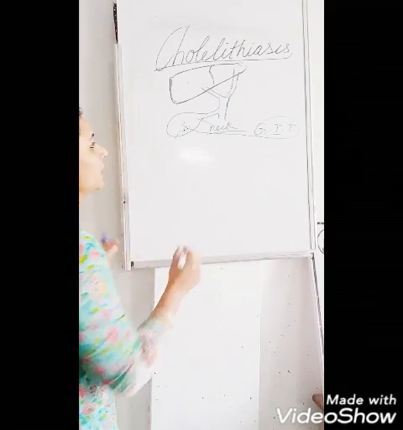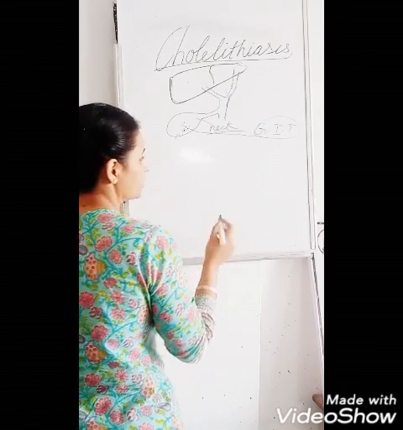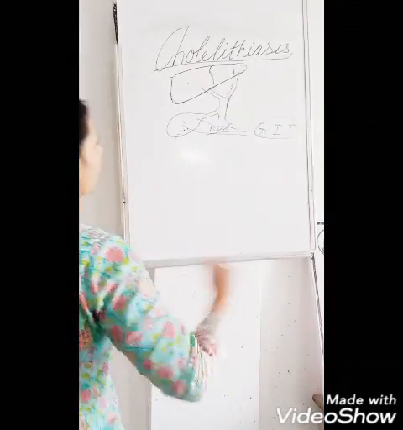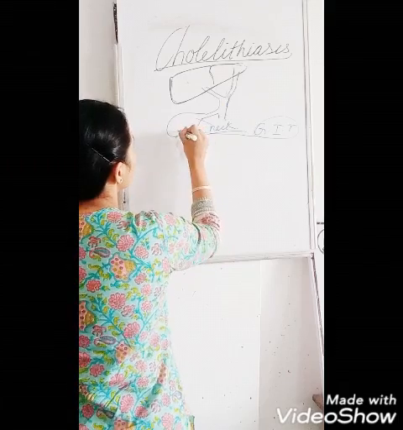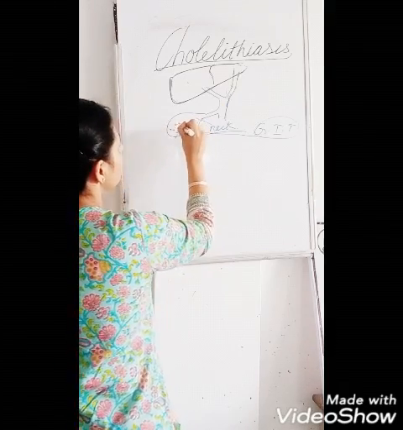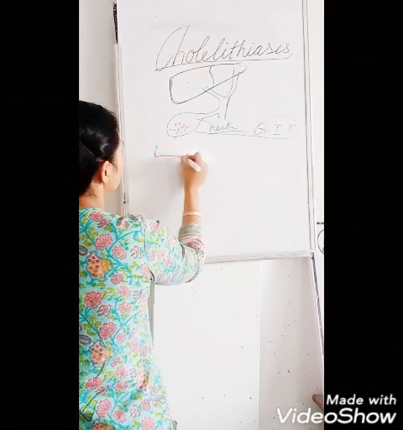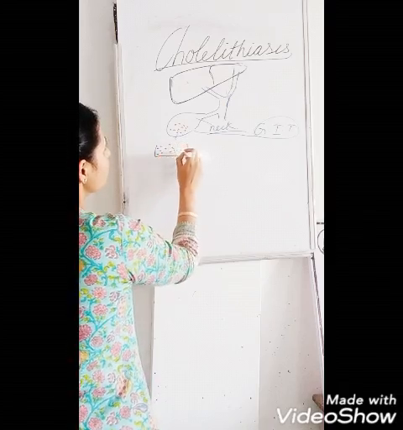Now in the gallbladder there is excess of cholesterol. So imagine this is the gallbladder and there is excess of cholesterol. This is bile. So the bile is now supersaturated.